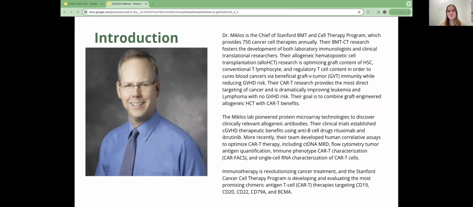Their CAR T research provides the most direct targeting of cancer and is dramatically improving leukemia and lymphoma with no graft versus host disease risk. Their goal is to combine graft-engineered allogeneic HCT with CAR T benefits.